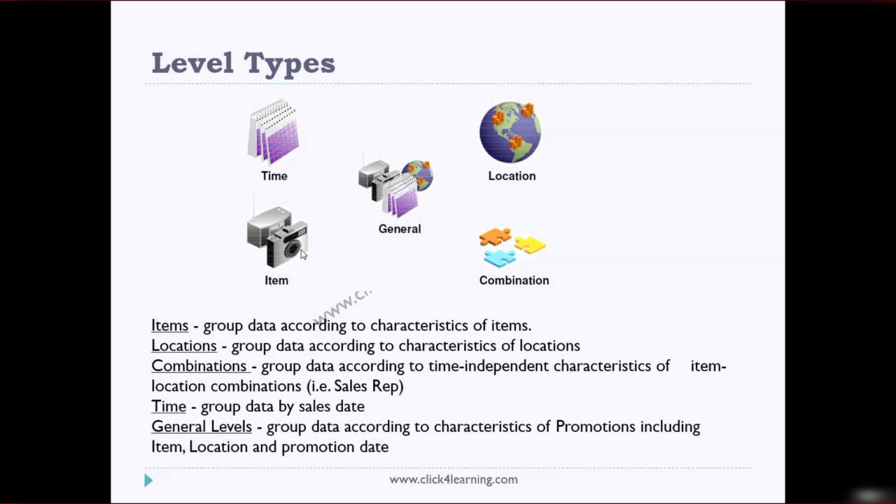By the way, in location there are two dimensions: ship from, which is from where it is getting shipped, and ship to, which is to whom it is getting shipped: your customer, customer account, customer class. So even the customer is part of location.